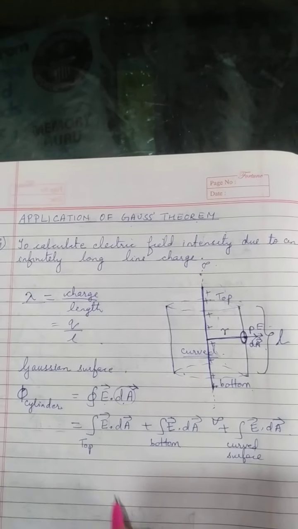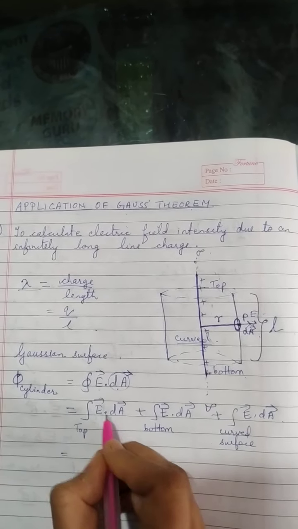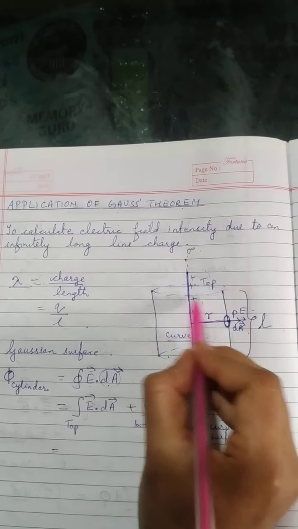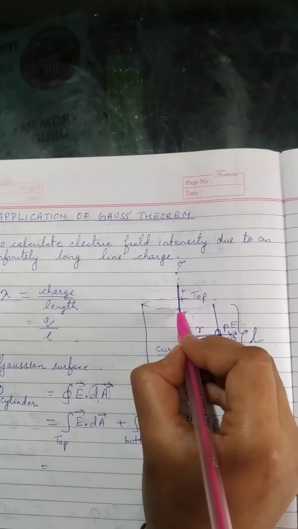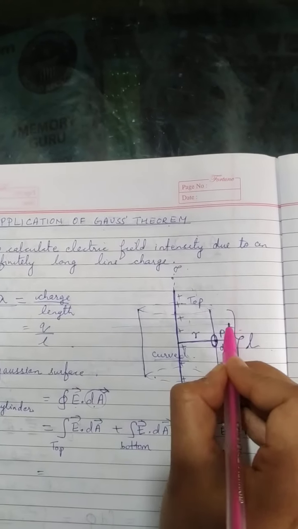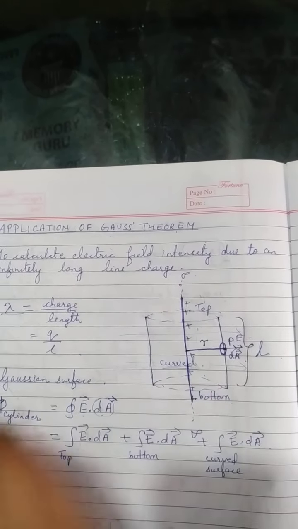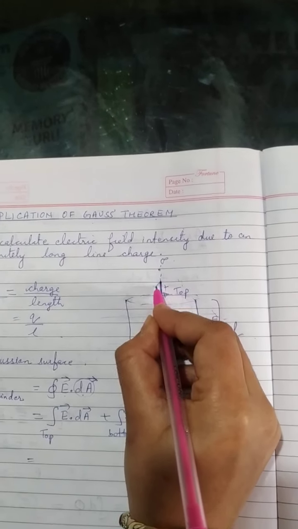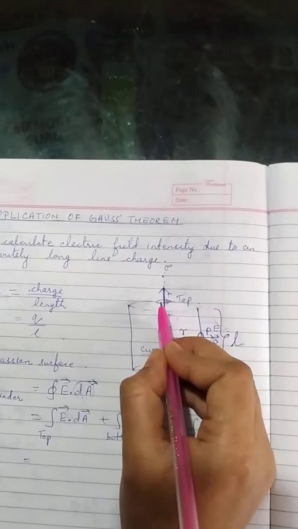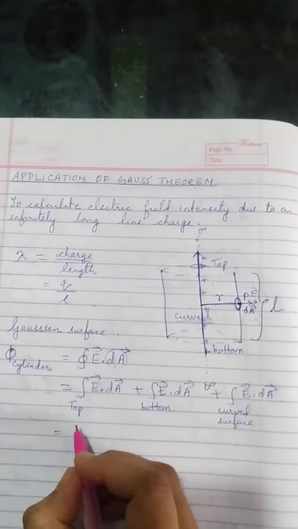Now in each case, let us find the angle between E and dA. Look at the top surface. The electric field is directed this way, and the area vector is directed away, so the angle between the electric field and the area vector will be equal to 90 degree.